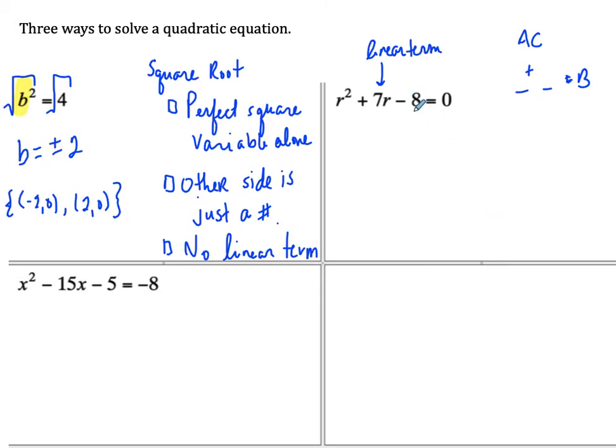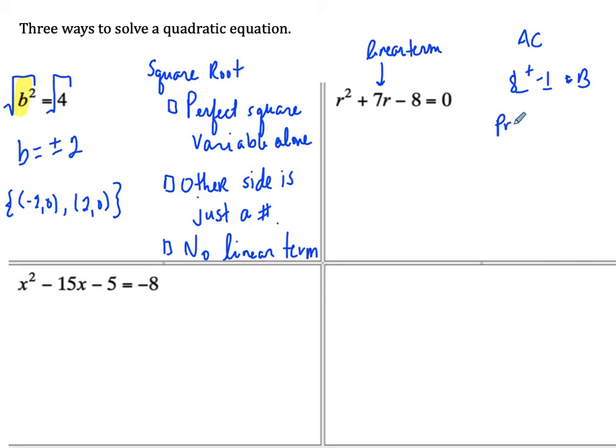So is there something that could multiply to negative 8 and add to positive 7? Oh, sure, positive 8 and negative 1 would add to positive 7. So if you can find those two values relatively quickly, right, then you're going to factor. Okay?